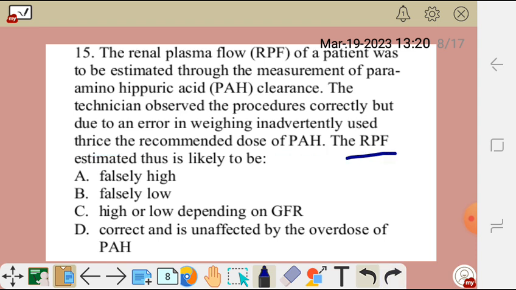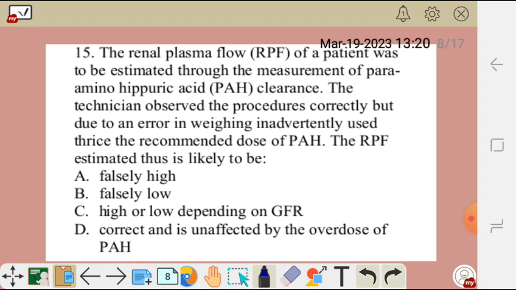The renal plasma flow estimated thus is likely to be A, forcefully high, B, forcefully low, C, high or low depending on GFR, which is glomerular filtration rate, and D, correct and is unaffected by the overdose of PAH.